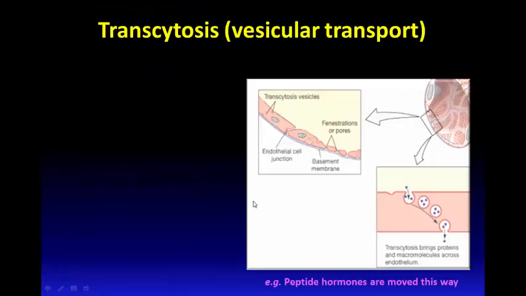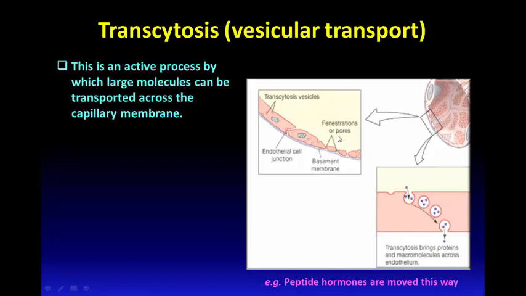Now let's describe the second transport mechanism across the capillary wall, which is transcytosis, also known as vesicular transport. This is an active process by which large molecules, for example peptide hormones, can be transported across the capillary membrane.